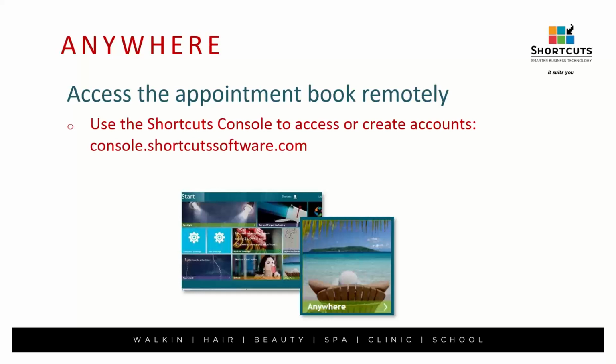Normally, when you log into the console on a mobile device, by default, when you log in with your username and password, you automatically go into Anywhere, which is your schedules. But if you're on the computer, if you're on a web browser, there's an actual Anywhere button, and it looks like a little person lounging on a beach chair. So the web page that you would go to access this is console.shortcutsoftware.com.